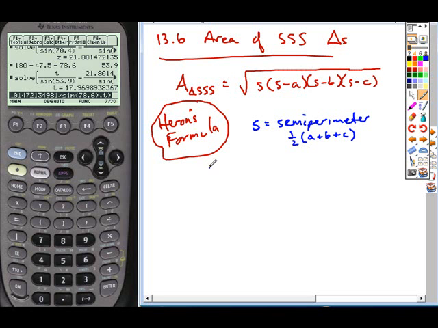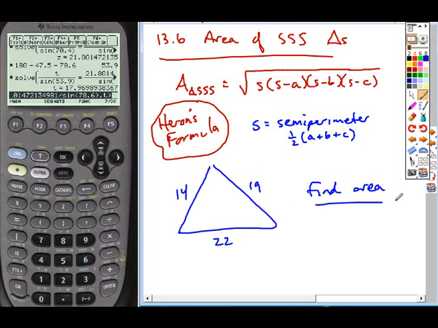If I gave you something like this, sides of 14, 19, and 22, and I asked you to find the area, usually, if they don't specify where the points are, I'll just use A as the smallest, B as the middle, and C as the longest, but it doesn't matter. What is the semi-perimeter value for this?